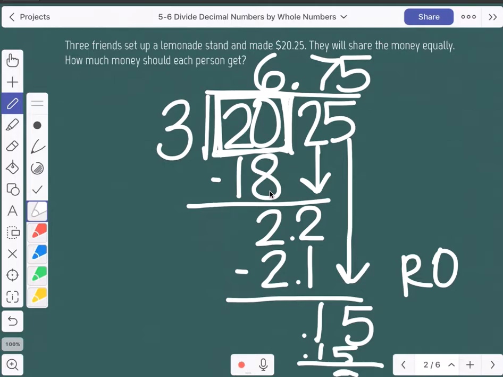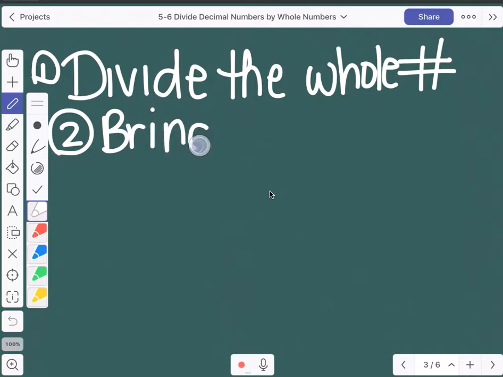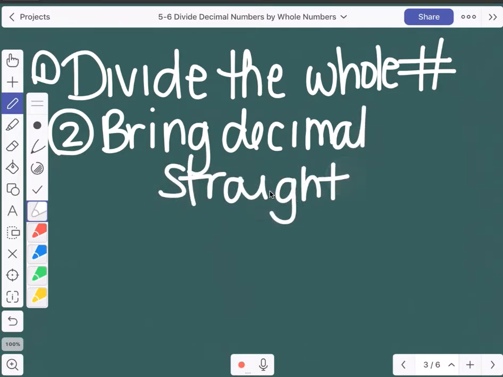The next thing I did, if you remember, is I brought that decimal straight up. I put it straight up into the quotient.